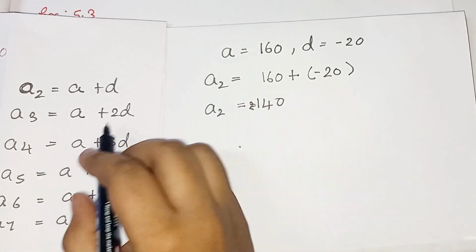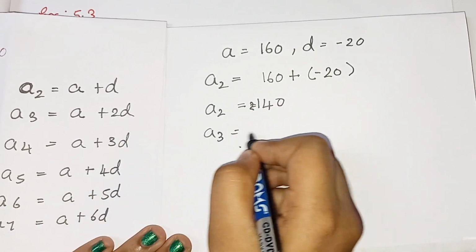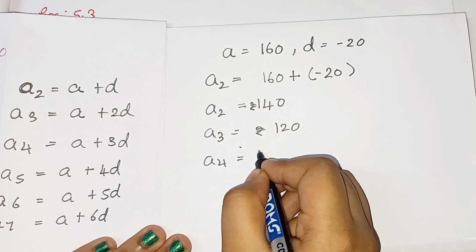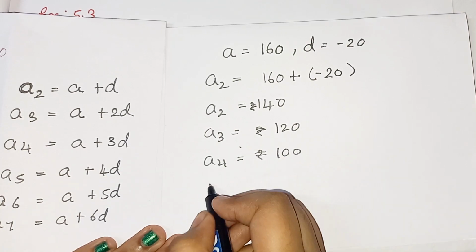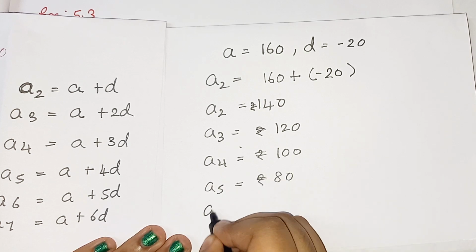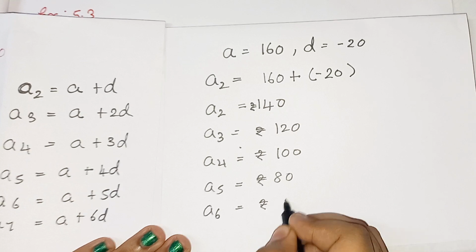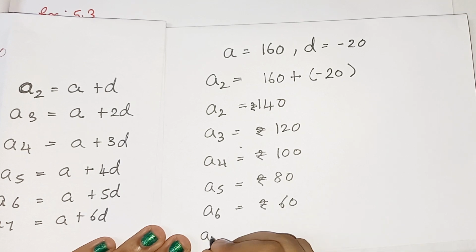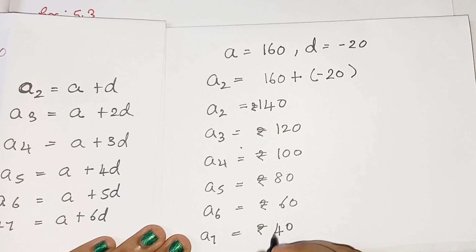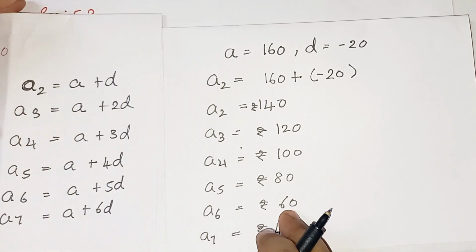Likewise, if you apply the values, for A3 we will get rupees 120, for A4 rupees 100, for A5 rupees 80, for A6 rupees 60, and for A7 rupees 40. Okay, so this is going to be our answer. How did I get it?